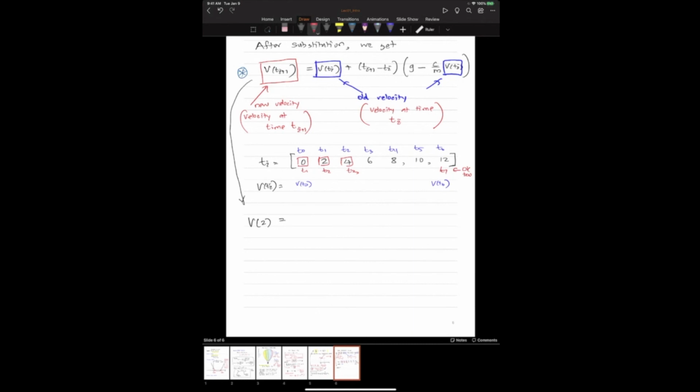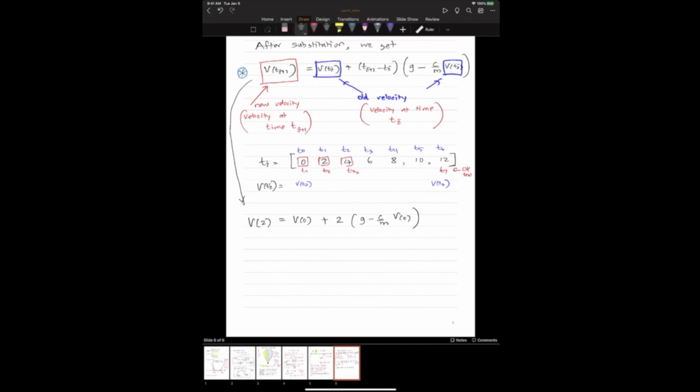So v2 is v0 plus ti plus 1 minus ti, which is present time minus previous time, is 2, times g minus c over m v0. If the present time is 2, the previous time is 0.